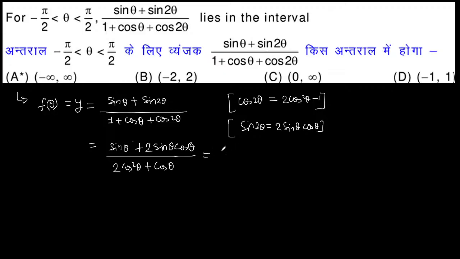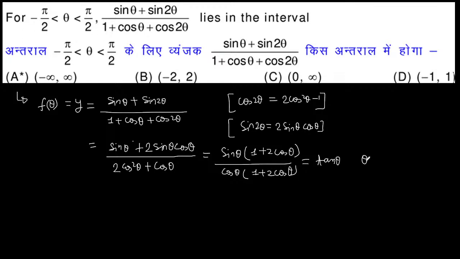We take sine theta common, we are left with 1 plus 2 cos theta. If we take cos theta common, we have 1 plus 2 cos theta. We have simply tan theta, and theta should be in between minus pi by 2 to pi by 2, where cos theta is positive only.